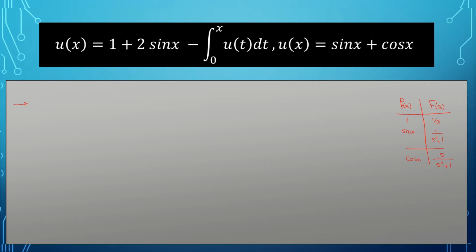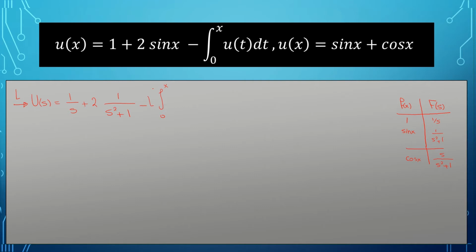So let's first apply L on our equation. We'll get U(s) equal to 1 over s plus 2 times the transform of sine x, which gives 1 over s squared plus 1, minus this integration from 0 to x.